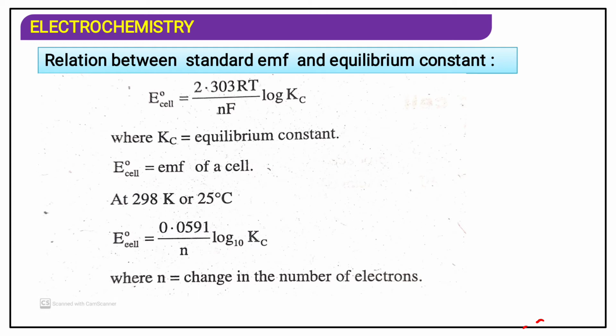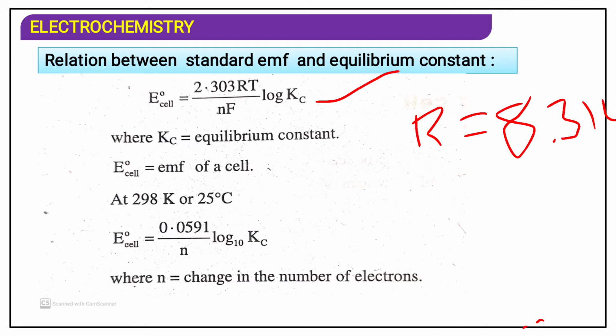Here we are substituting the values in this expression. What is the R value? The R value is 8.314. The T value is already given as 298 Kelvin, and the F value is 96,500 coulombs.